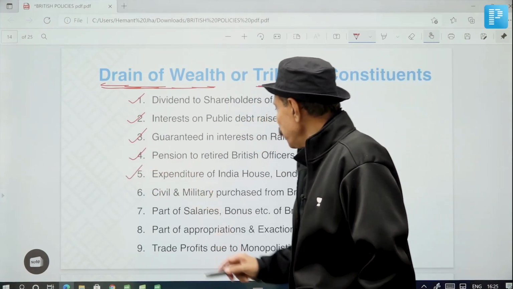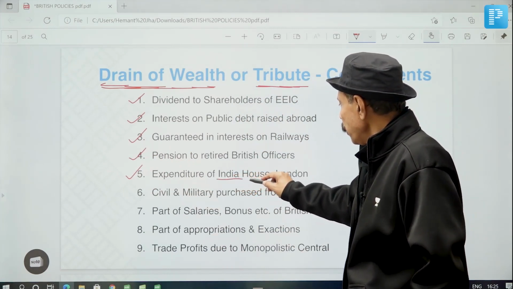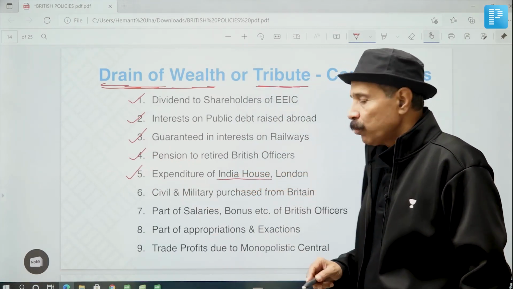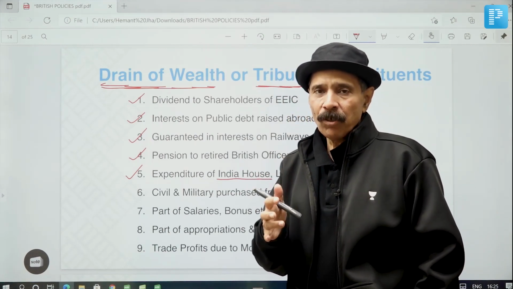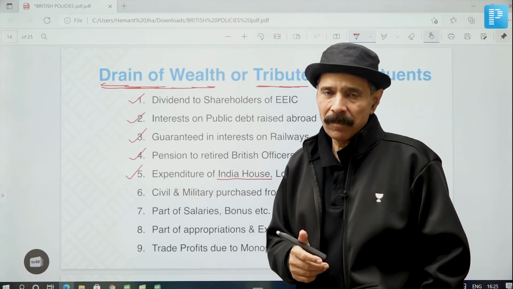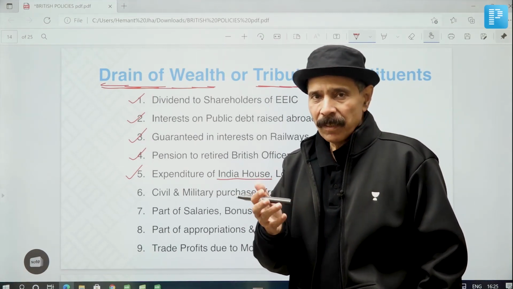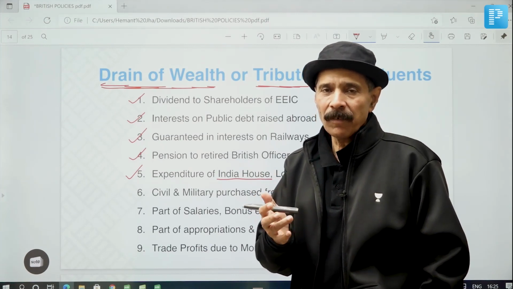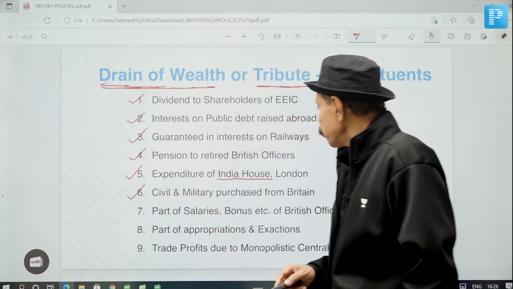Next, expenditure of India House. India House was the company's office in London, and this was the center of the governance of India from Britain.